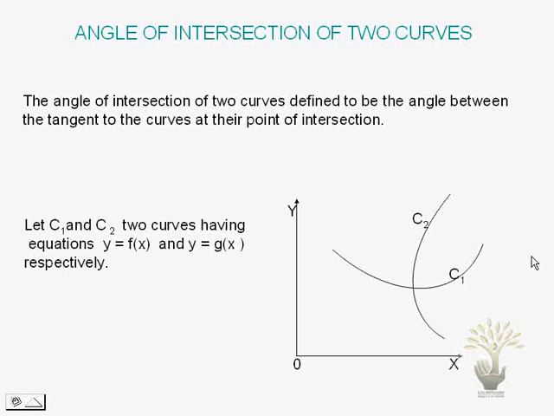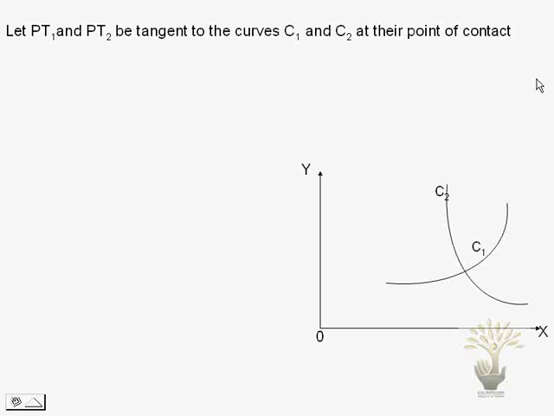On the x-axis, y-axis plane, C1 is the curve having the equation y is equal to f of x, and C2 is another curve having equation y is equal to g of x. Let PT1 and PT2 be the tangents to the curves C1 and C2 at their point of contact.